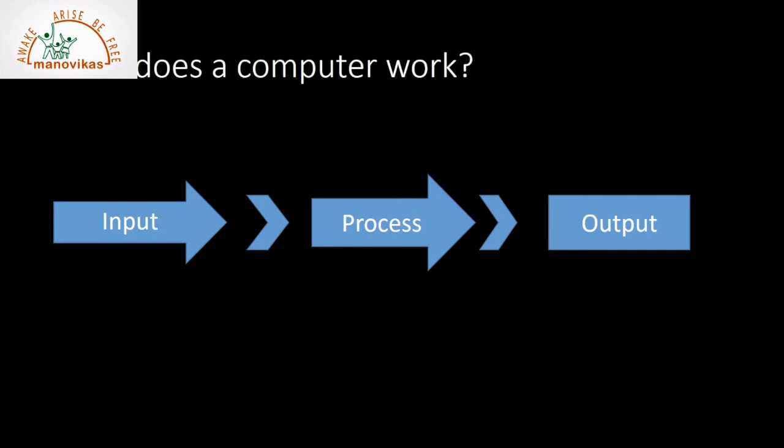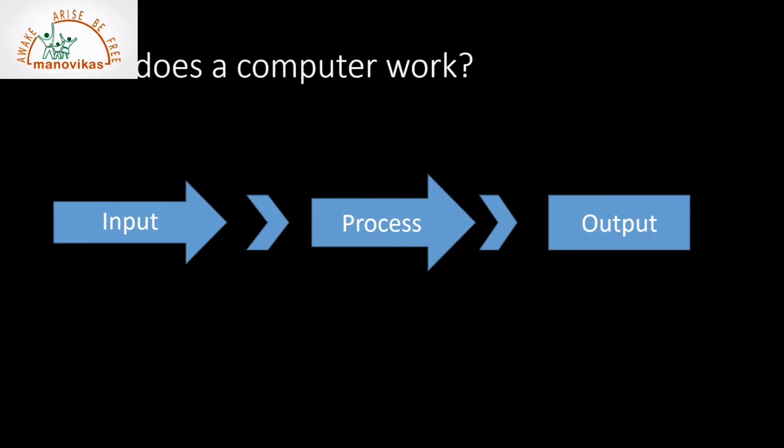Input is the data that is given to the computer. A user gives data to the computer in form of text, numbers and pictures. This is called raw data that has no meaning. How do we give this data to the computer?